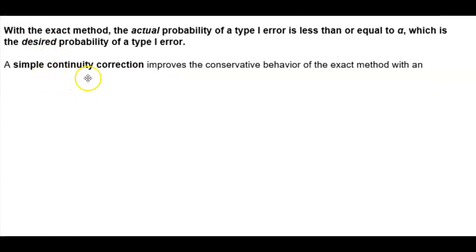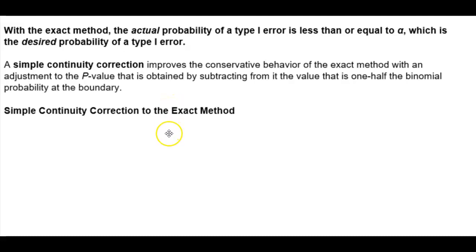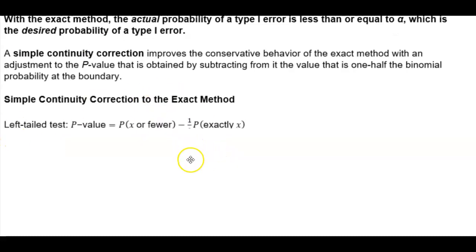So a simple continuity correction improves the conservative behavior of the exact method with an adjustment to the p-value that is obtained by subtracting from it the value that is 1/2 the binomial probability at the boundary. So here is the simple continuity correction to the exact method.